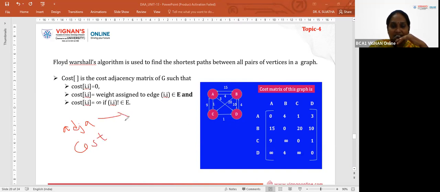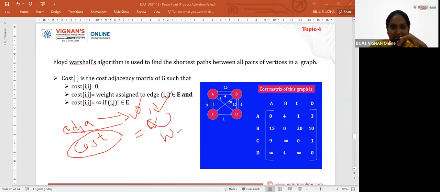In the case of the adjacency matrix, I have entries only 0 and 1. If there is an edge, the entry becomes 1. If there is no edge, the entry becomes 0. But in the case of the cost adjacency matrix, it is different. Three kinds of entries will be there. If there is no edge from i to j, then its value is represented with infinity.